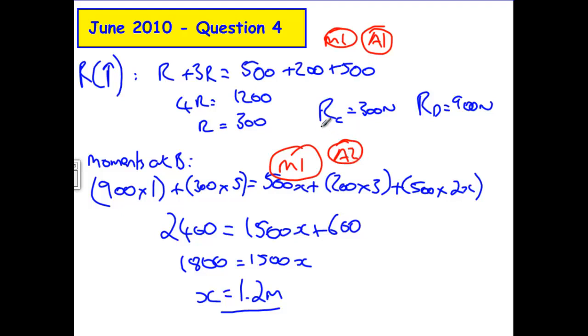Now finally, knowing that I can substitute my values of R from the first equation into this equation and essentially solving, that gets me a method mark for using these values and an accuracy mark for the final answer, which gives me 7 marks in total.